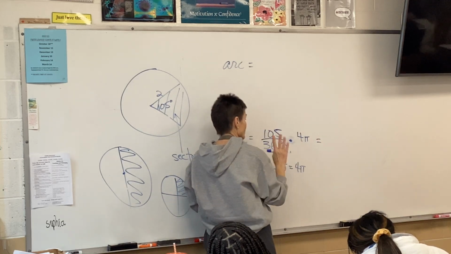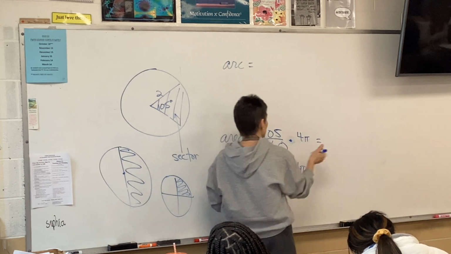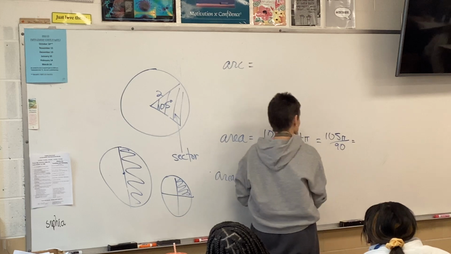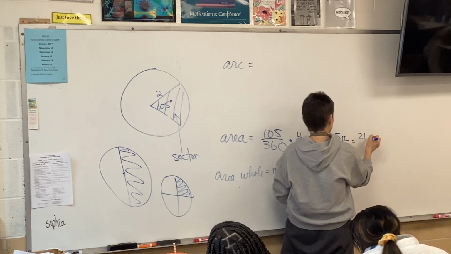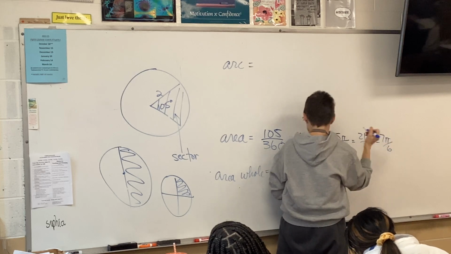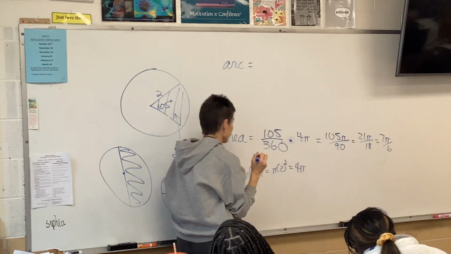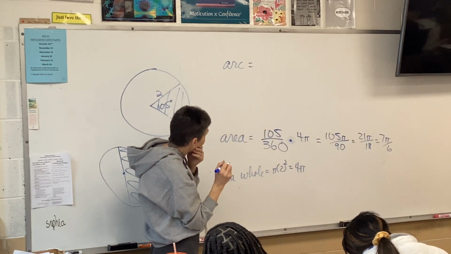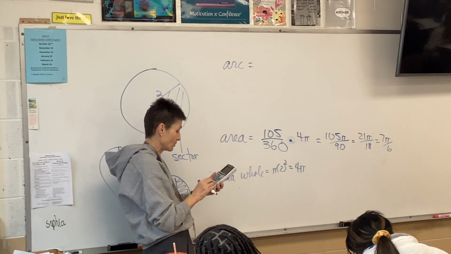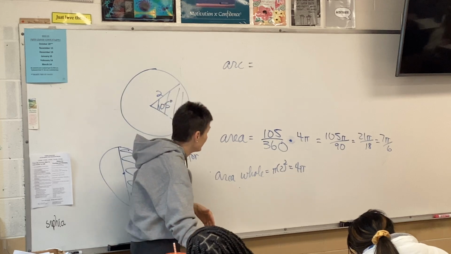Leave the pi though, because we want an exact answer. That's going to be 105 pi over 90, which is 21 pi over 18. I got 7 pi over 6, but I could totally have done that wrong. I'll check it on my calculator. That's what you got? Okay, then I know it's right, if you got it.